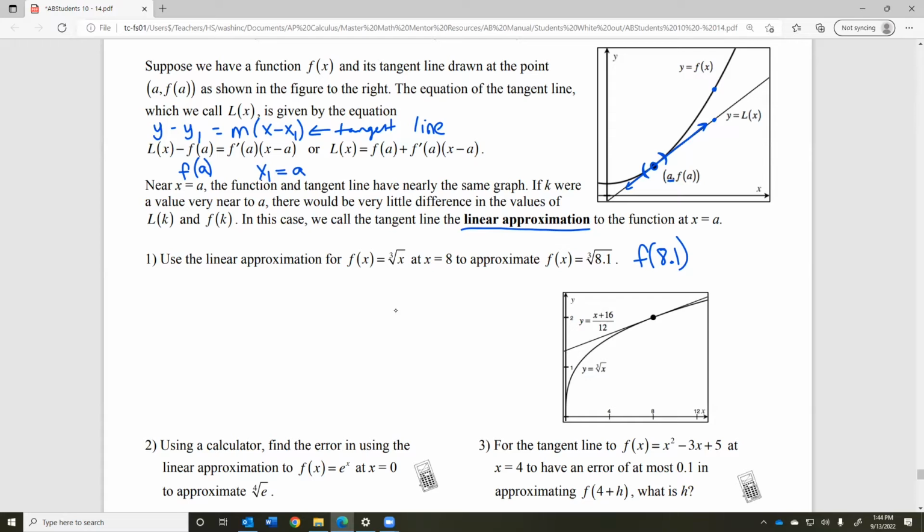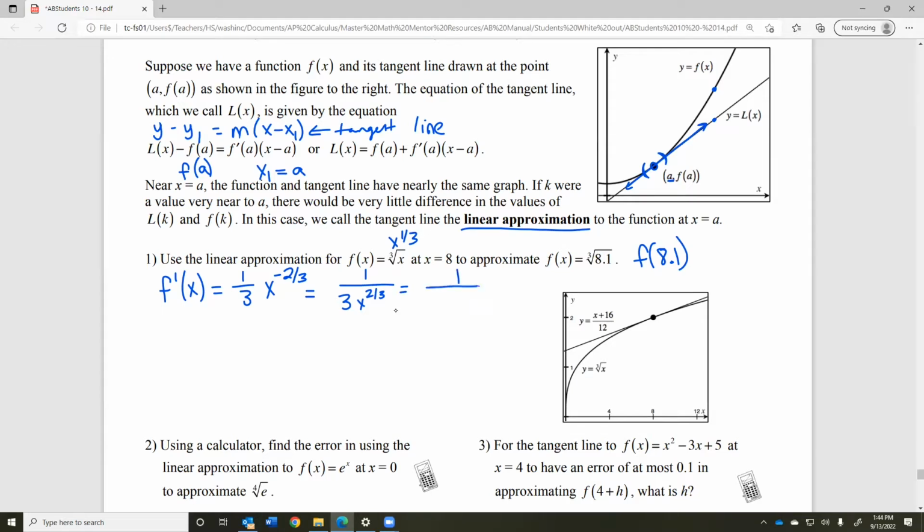So the first thing we need to find in this case is the equation for the tangent line. And in order to find that, we first need to find the derivative. So this is really x to the 1/3. The derivative of that will be 1/3 x to the negative 2/3, which is equal to 1/3 x to the positive 2/3 in the denominator.